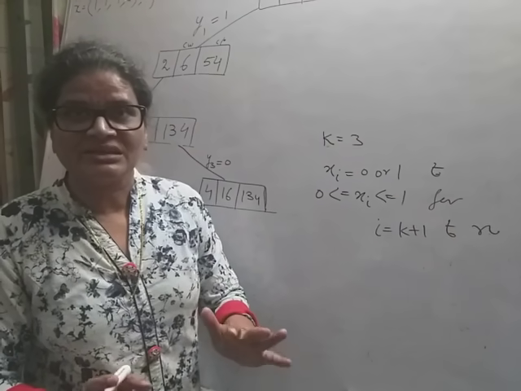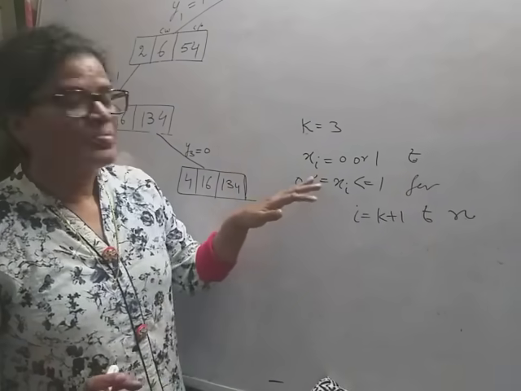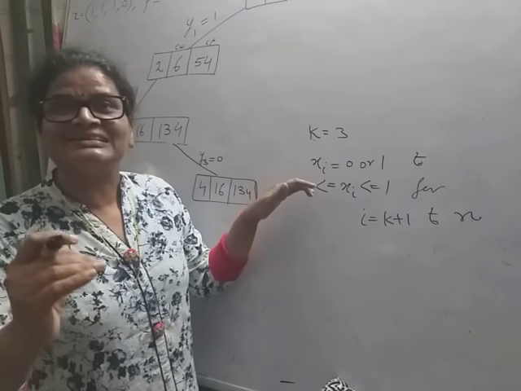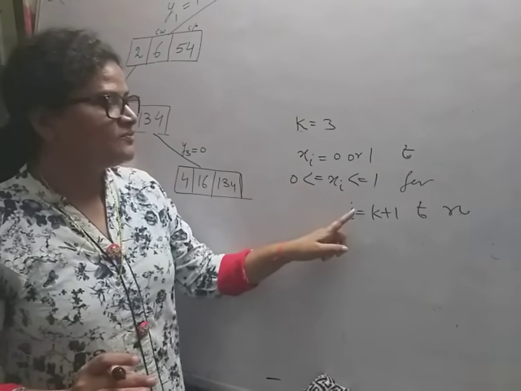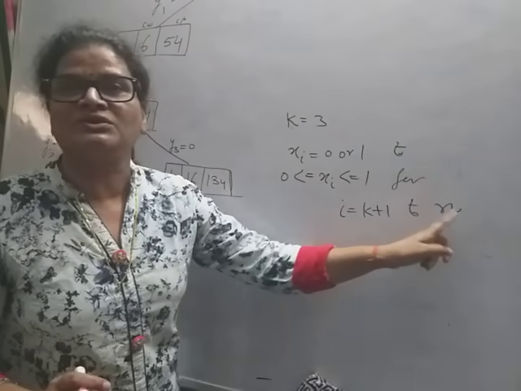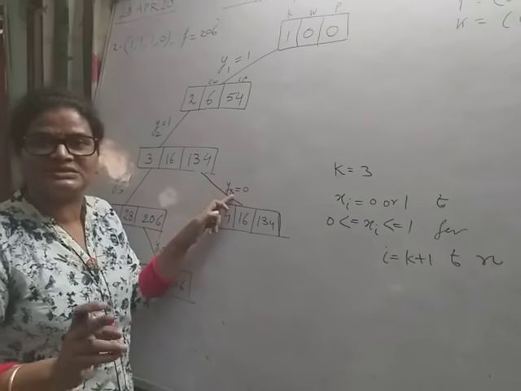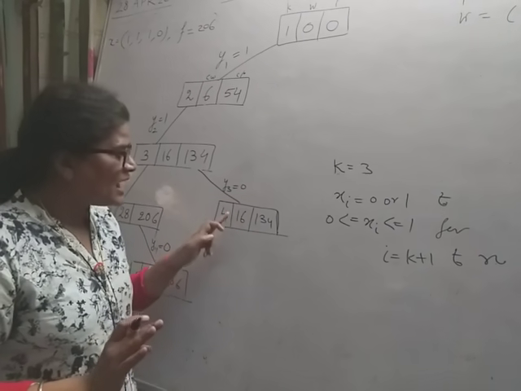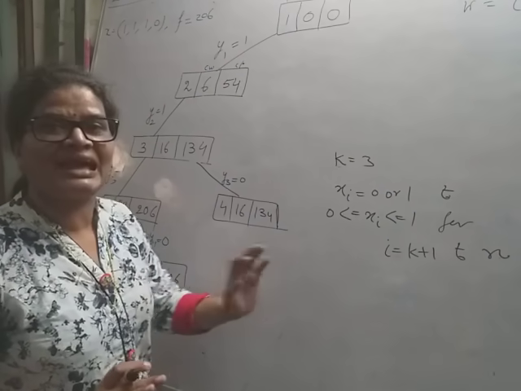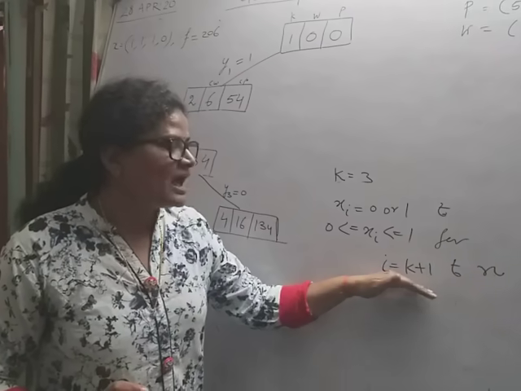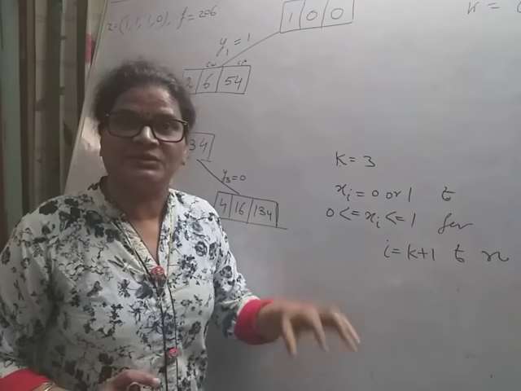So I will relax the condition for i equal to k plus 1 to n, because up to k the decision is already taken, and the kth object is excluded. Now going from k plus 1 to n, what profit are you earning?